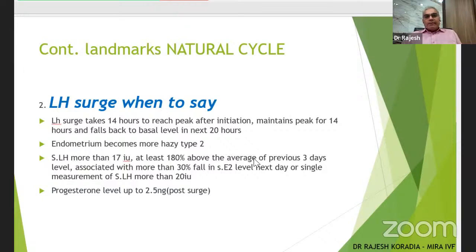Serum LH level is more than 17 international unit, which is at least 180% above the average of the previous 3 days' levels, and associated with a more than 30% fall in serum E2 level the next day. Or, to be more simplified, a single measurement of serum LH level more than 20 units. Progesterone level is expected post-surge up to 2.5 nanogram.